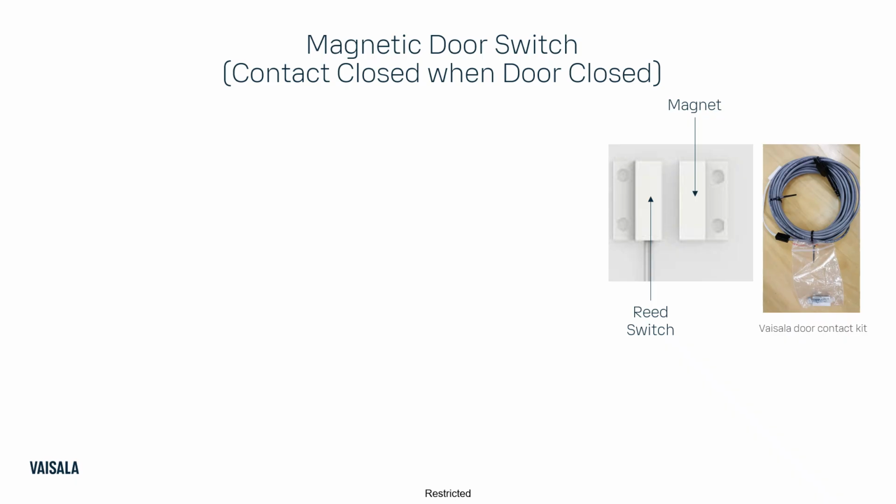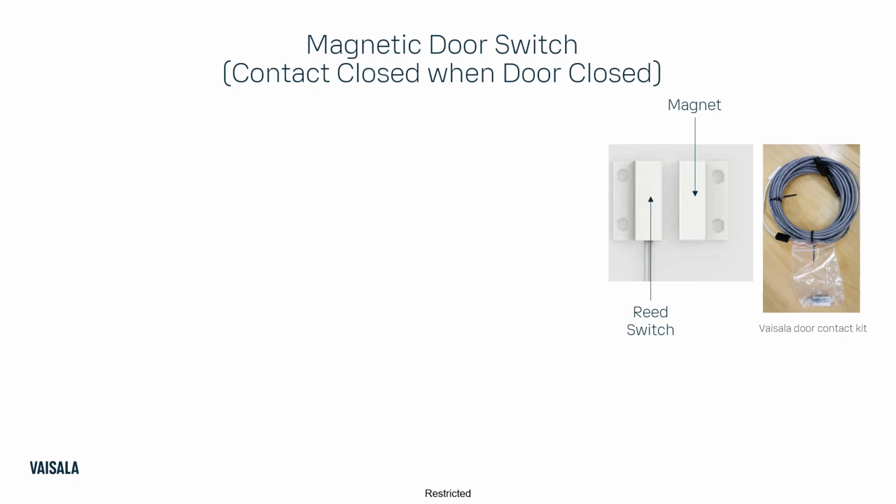This is another device that uses the same kind of logic. This is a door contact. These are typically used for burglar alarms. We also sell these as door kits that you could put on refrigerators. You put the magnet on the door, and you put the reed switch side of it on the base of the refrigerator.